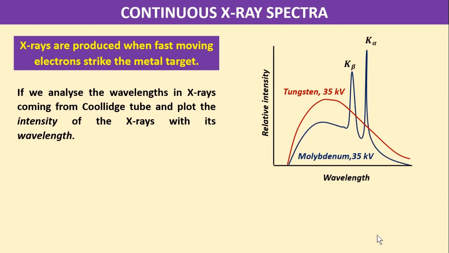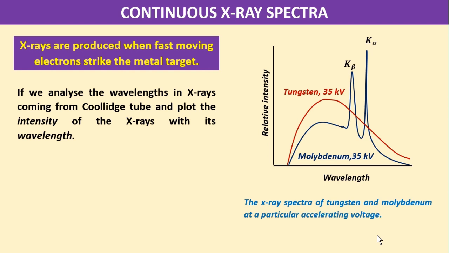And for molybdenum, for the same accelerating potential, 35 kilovolt, we get another curve. Here we have two peaks. The X-ray spectra of tungsten and molybdenum at a particular accelerating voltage is given here in the graph. Lambda naught is the cutoff wavelength. We learn more about cutoff wavelength later.